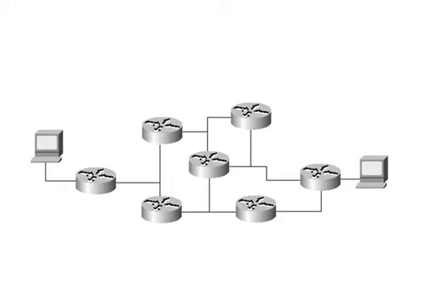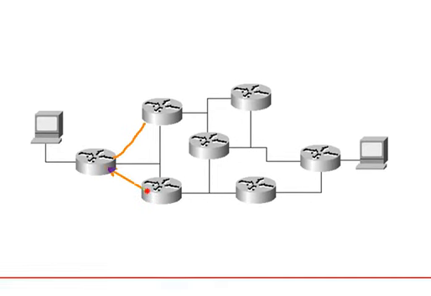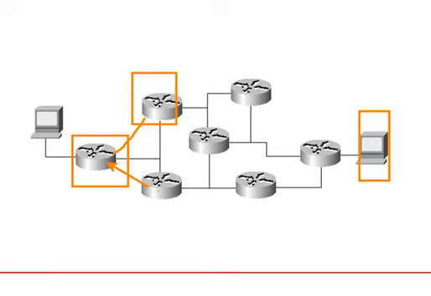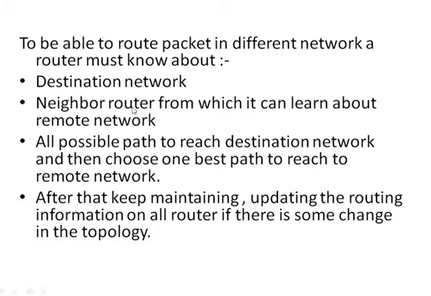Which one is the best route? Is this the best or is this one the best? This router should be aware of how it can reach this destination via this router or this router more easily or more comfortably.